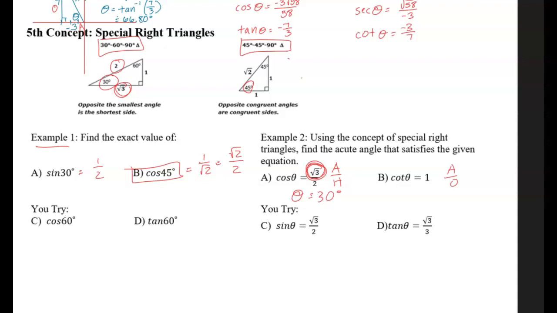Now the only triangle that has two of the same exact values as the sides is 45, 45, 90, with our two legs of the right triangle being 1 and 1. So that means that our theta has to be 45.